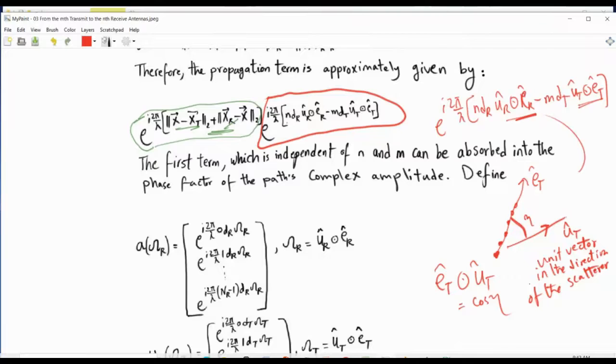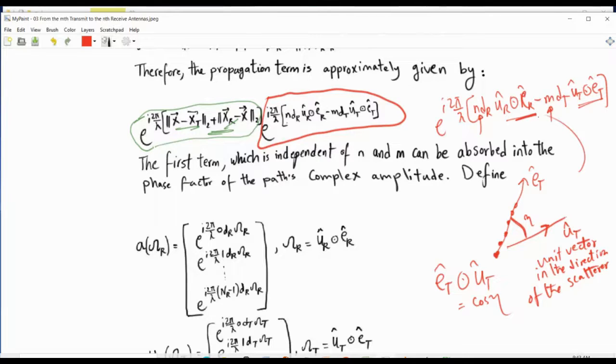This is a parameter that tells you the direction between the line of the antenna array and the direction to some scatterer. Here we are considering just one scatterer, and shortly we will talk about what if you have more than one.